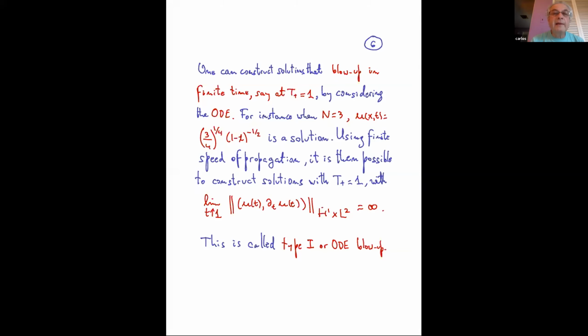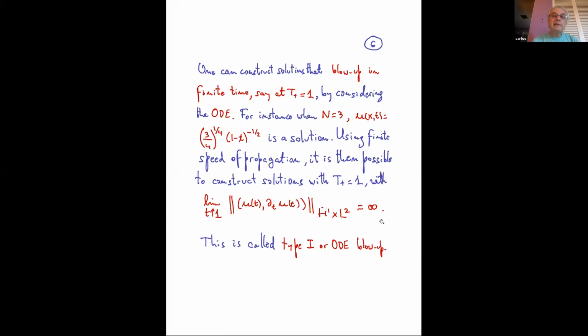And obviously at t equal to 1, it blows up. Now, this of course doesn't come from data in the energy space, but we can use finite speed of propagation and cut it off initially. And then it's possible with this to construct solutions whose final time of existence is 1 and for which the norm goes to infinity as you approach 1.